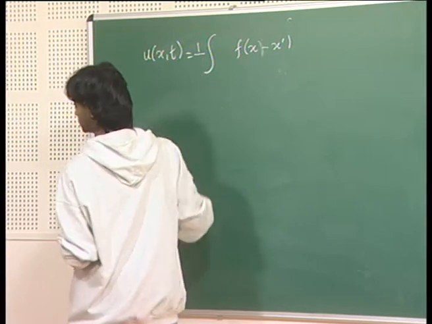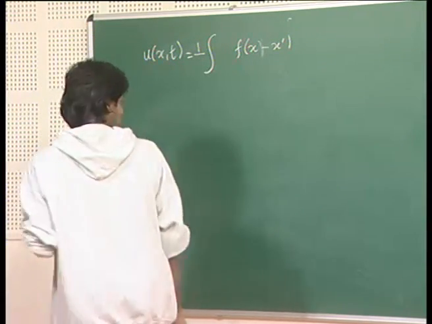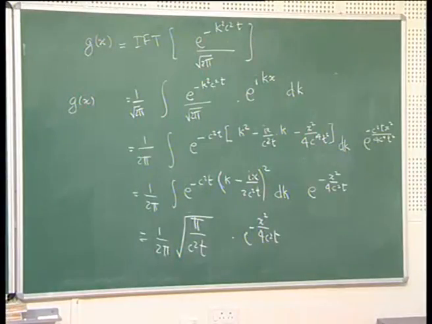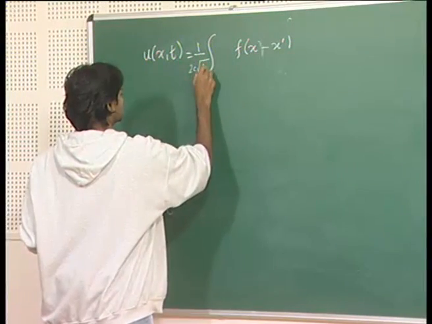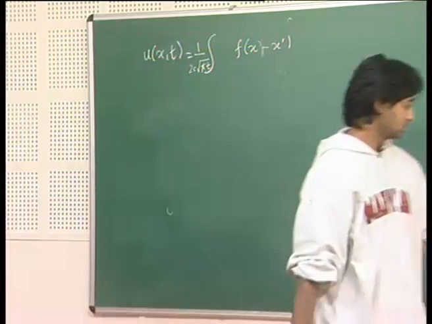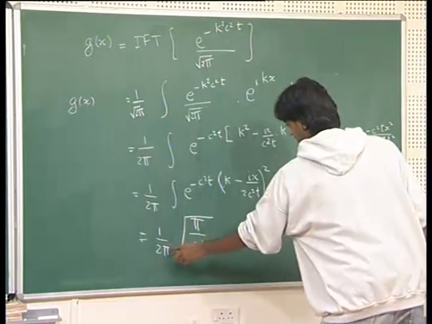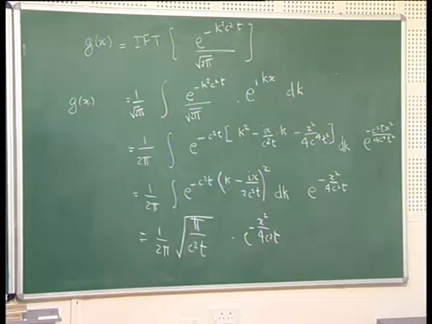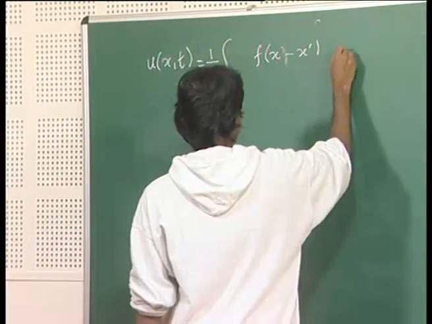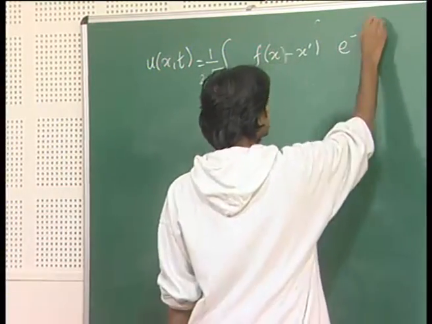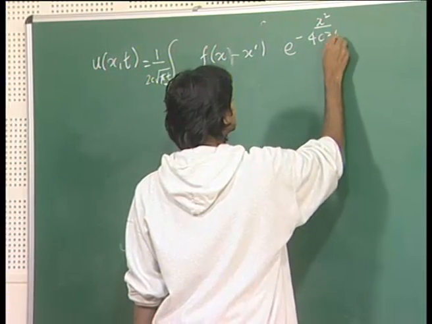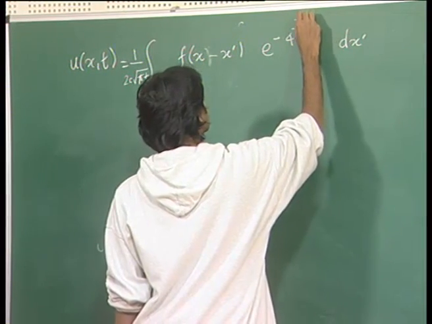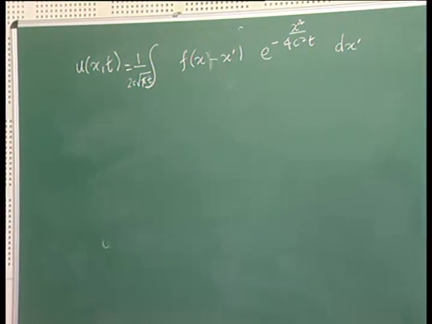So if I take that with that root 2 pi, I'll get 1 over 2 c root pi t. I'll take the c outside, and the 1 over root 2 pi will cancel, so I'll be left with root pi t. Then f of x minus x prime, e to the minus x prime squared by 4 c squared t, dx prime. So this is my final answer.